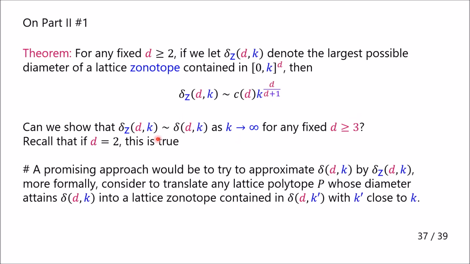So this is an open question. A promising approach would be to try to approximate delta dk by delta z dk, more formally, to translate any lattice polytope P whose diameter attains delta dk into a lattice zonotope contained in d k prime with k prime close to k, but so far we have no good result.